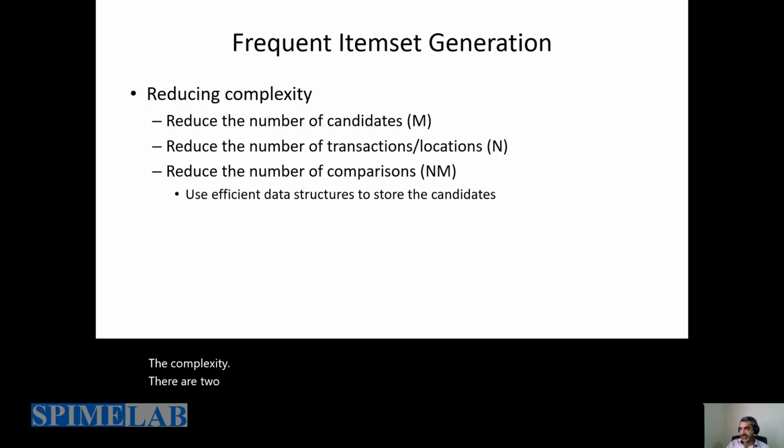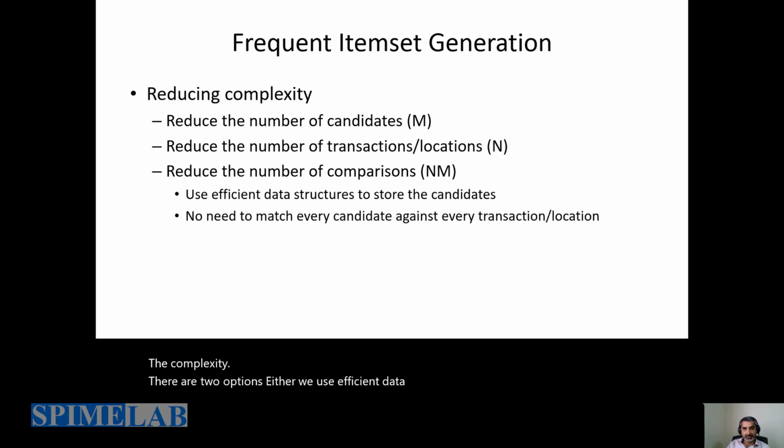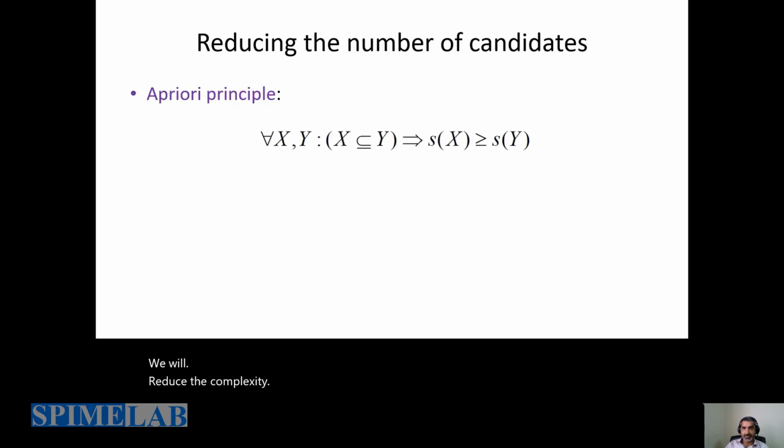Either we use efficient data structures, or we need to match every candidate against every transaction. No need to match if we can find an efficient data structure and an algorithm. So we will reduce the complexity to a high degree.